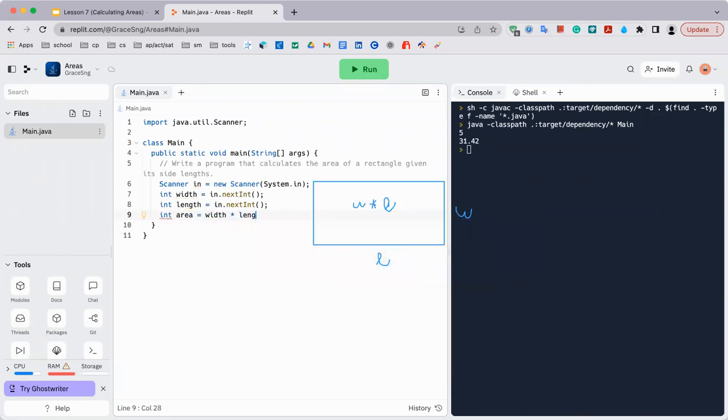And it's going to be equal to width times length, right? And now I can say that the area of a rectangle with width this value and length this value is the area that we calculated, and we are done. That's a pretty simple program. So now let's run this.